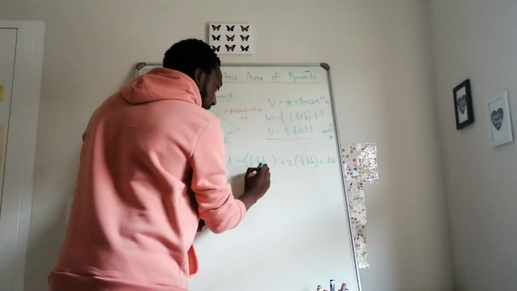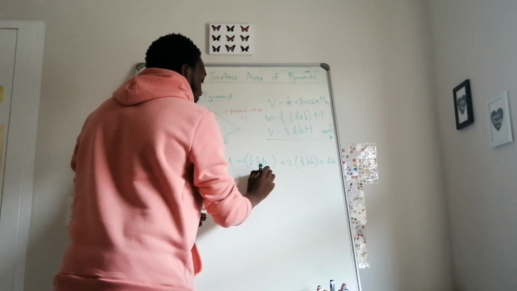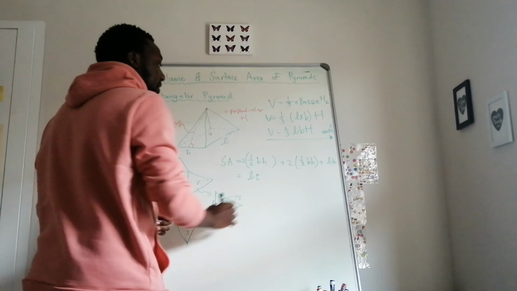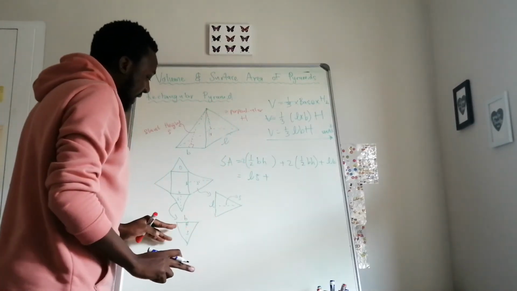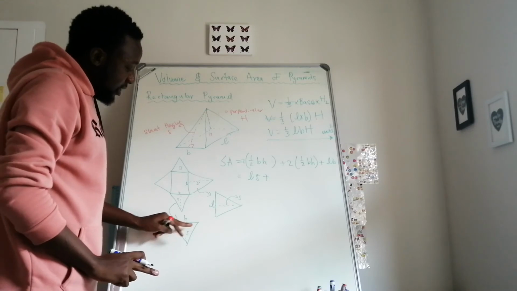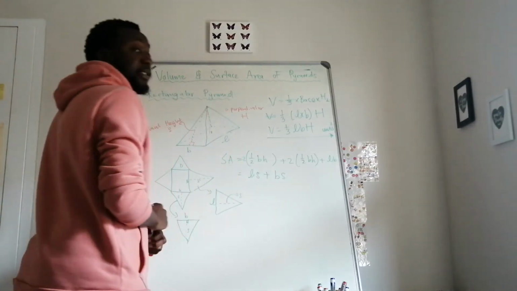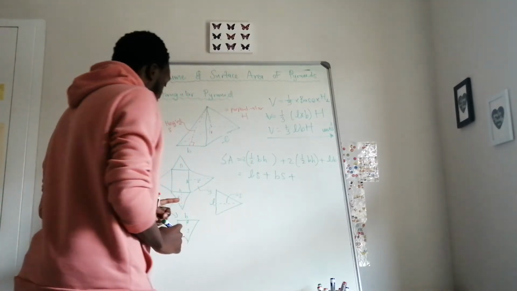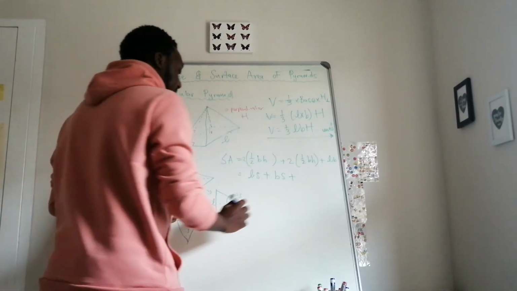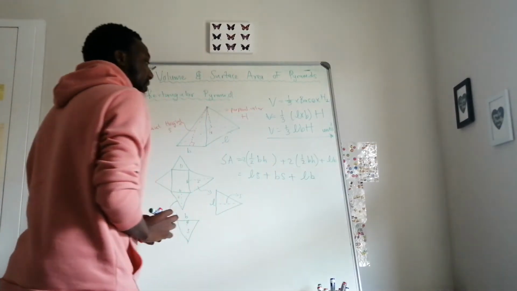The base is the length and the height is S, plus the base here is the breadth and the height there is S, plus the area of the rectangle, length multiplied by breadth.